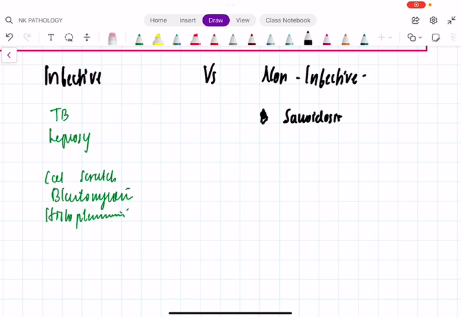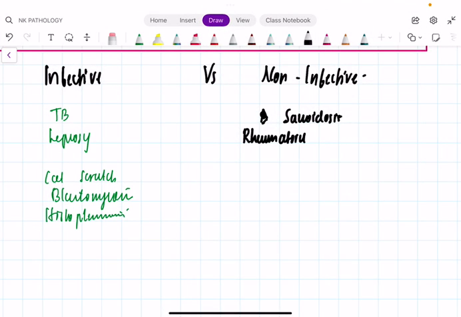Then we have another important entity, that is rheumatoid arthritis and Wegener's granulomatosis. It is a vasculitis affecting medium-sized vessels.